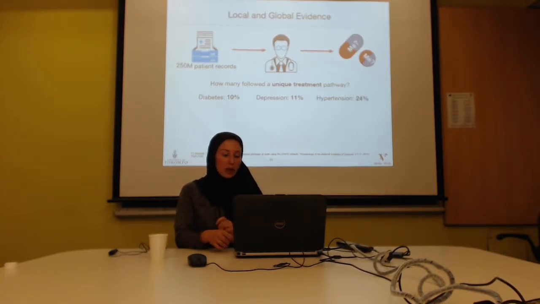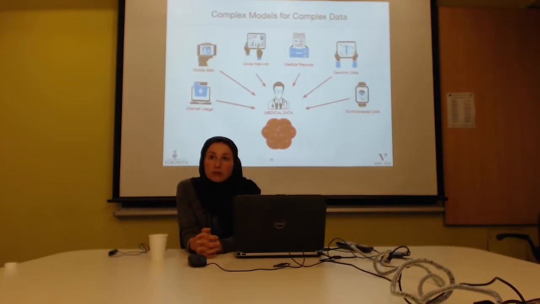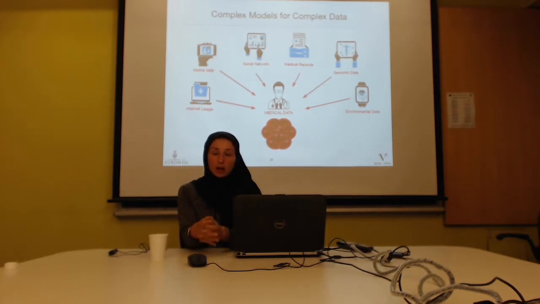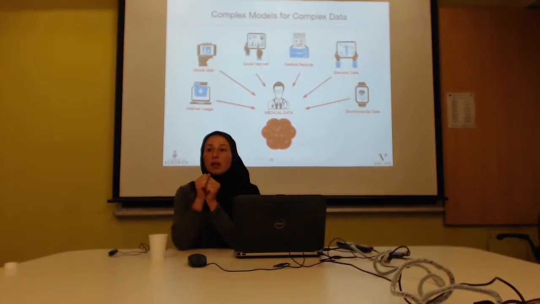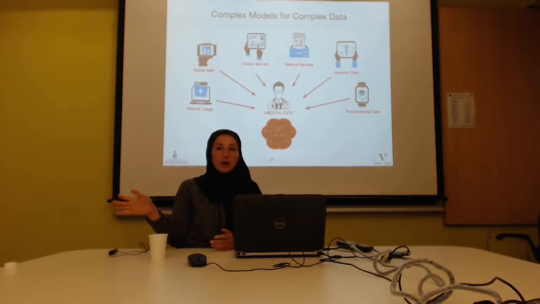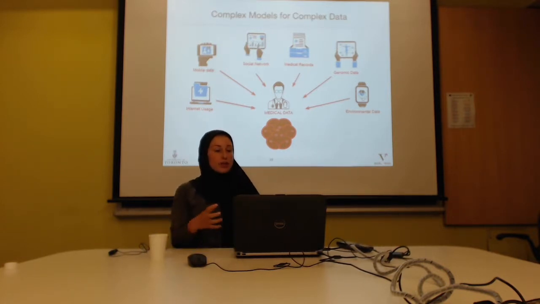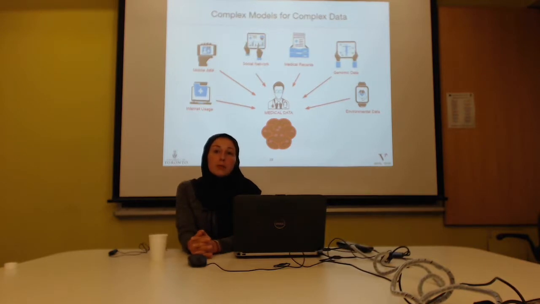So we're in a situation where we actually need to use complex models for this complex data, because we can't just rely on the spot check of a little bit of practice, a little bit of knowledge, maybe an RCT here with huge exclusion criteria, maybe some medical records there, but there's no neighbors who look like you. We need to collect all of this medical data that's available and actually try to understand what makes a person healthy and how to treat them best.